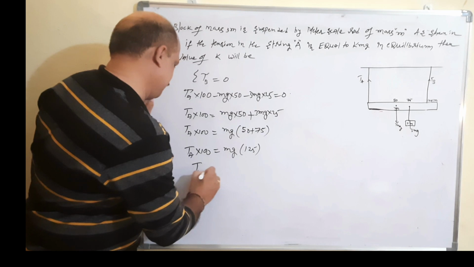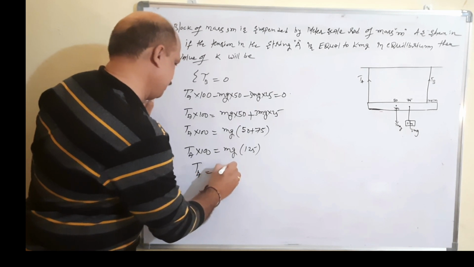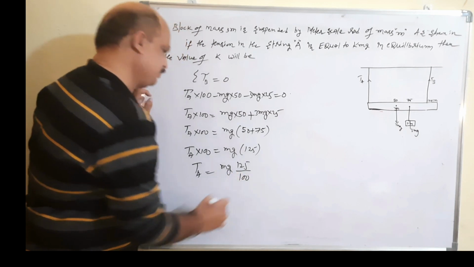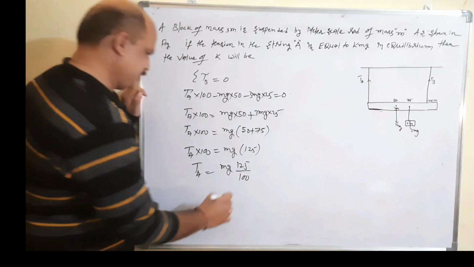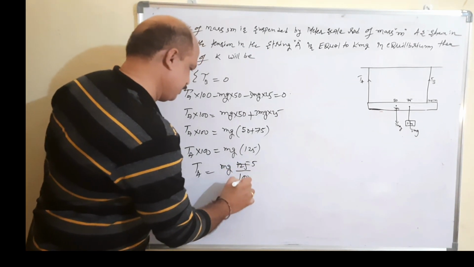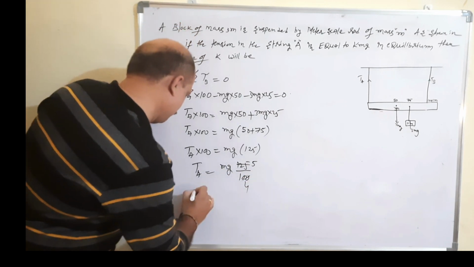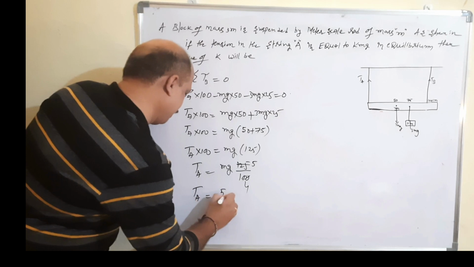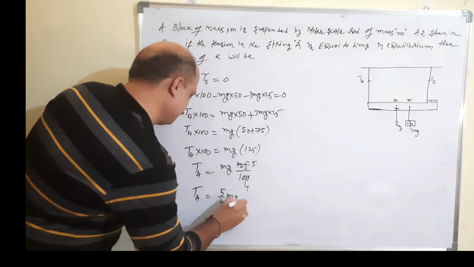So TA is equal to mg into 125 divided by 100. 125 divided by 100: 25 fives are 125, 25 fours are 100. So TA is equal to 5 by 4 into mg.